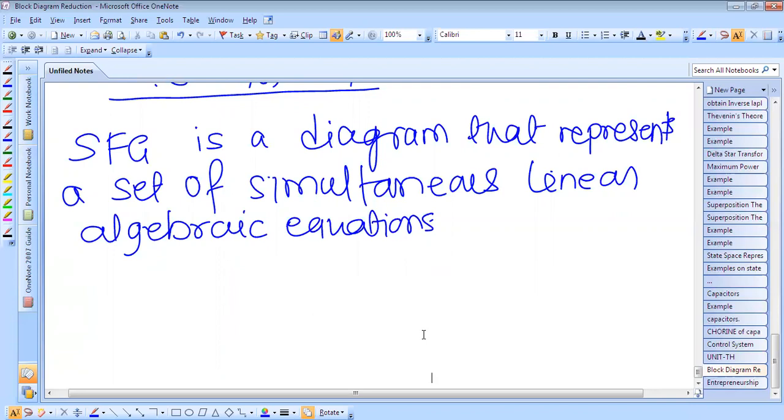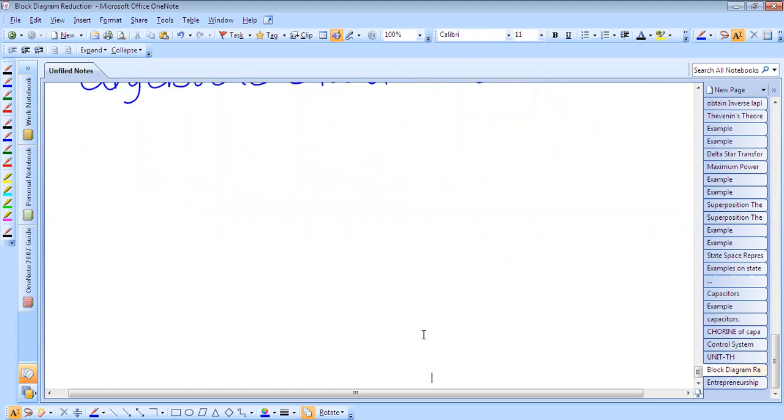Each node represents a system variable, and each branch connected between two nodes acts as a signal multiplier, and the signal flows in only one direction. The direction of the signal flow is indicated by the arrow placed on the branch, and the multiplication factor is indicated along the branch. I will draw one signal flow graph so that we get the idea.